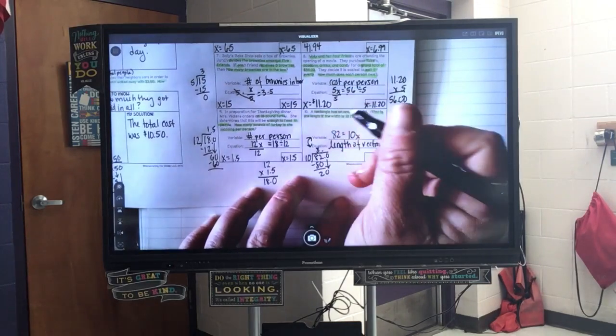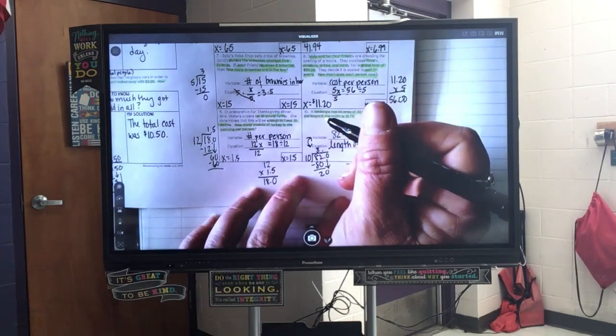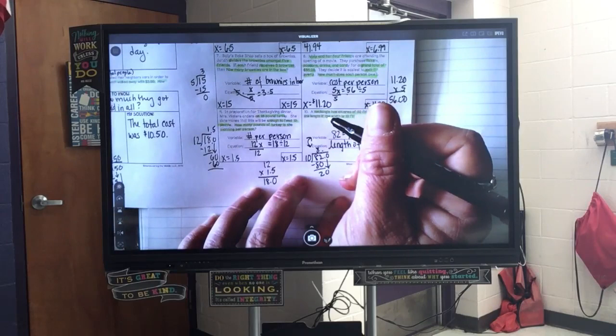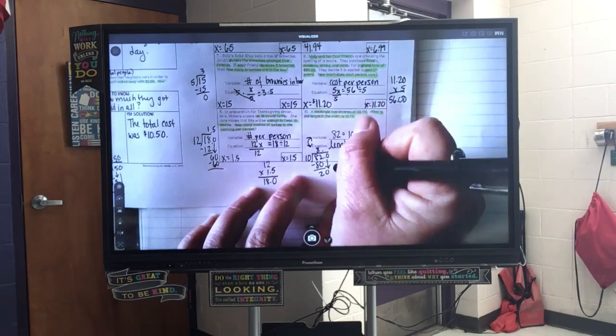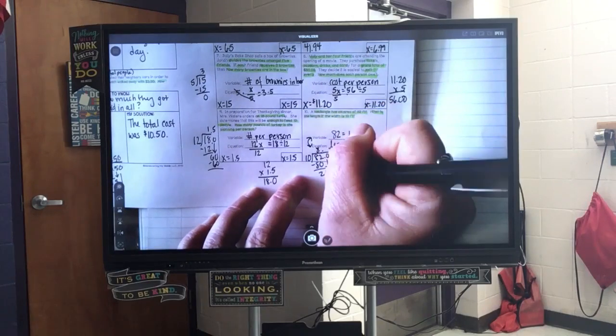Alright, so when you do 8 times 10, what do you get? Gemma, what do you get when you do 8 times 10? 80. Alright, and then I do my subtraction and I end up with 20. What do I multiply 10 by to get 20?